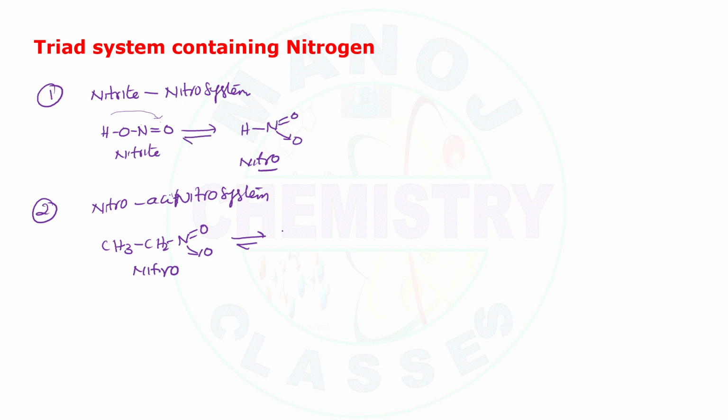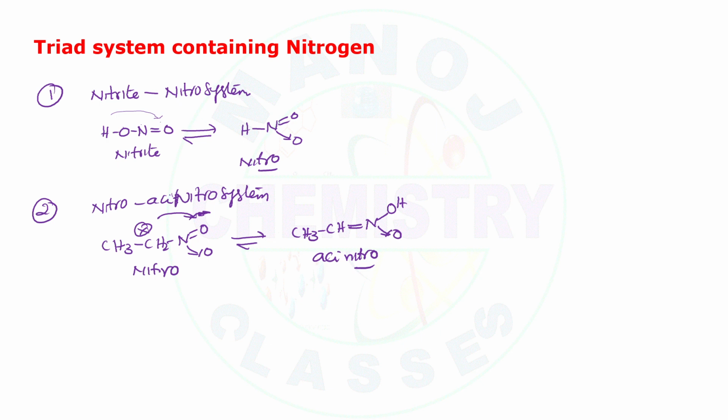How is the aci-nitro form formed? That is nothing but CH3 CH double bond N OH. This one is the aci-nitro form. Here the proton will be transferred from this carbon atom, first, second and third, to here. Hence it is an example of a triad system.